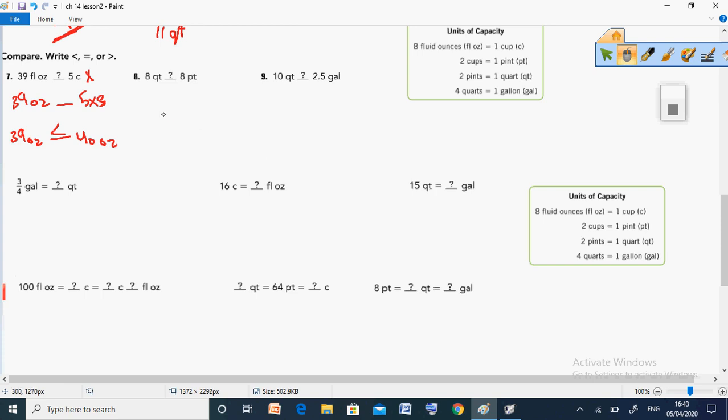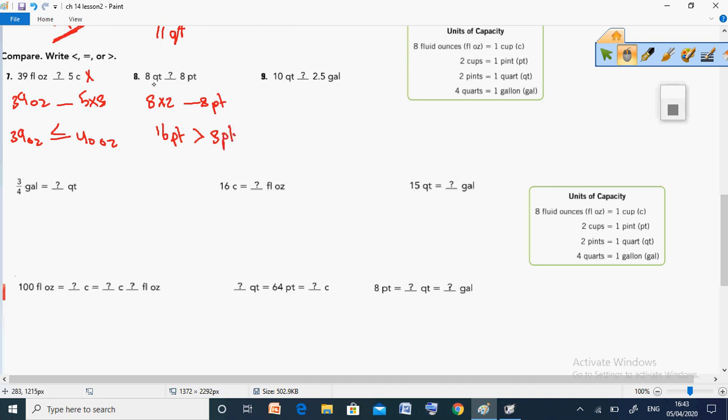Here the same, from quarts to pints. Because quart is greater than pint, I will say 8 times 2, or 16 pints. 16 pints is greater than 8 pints.